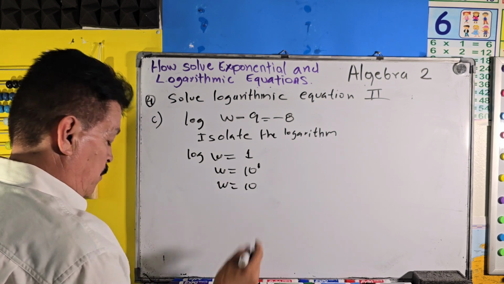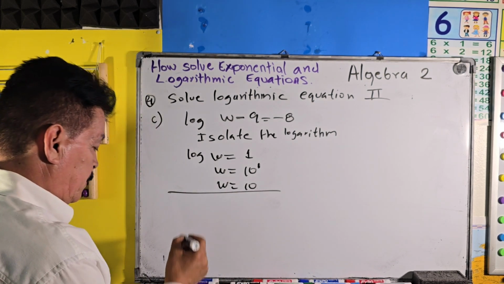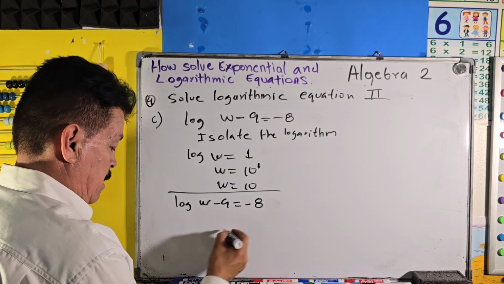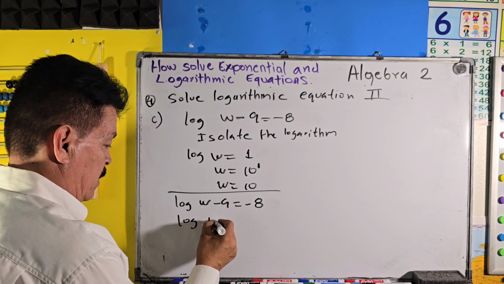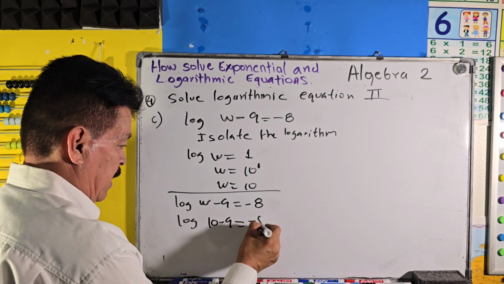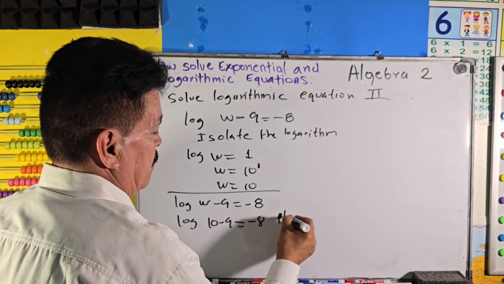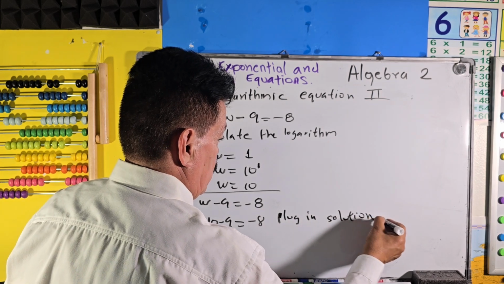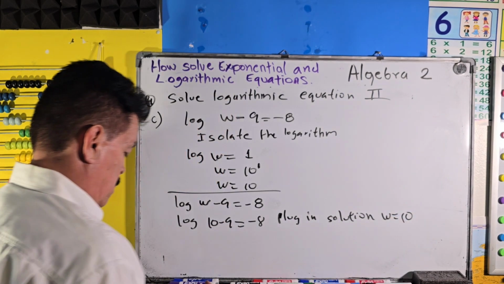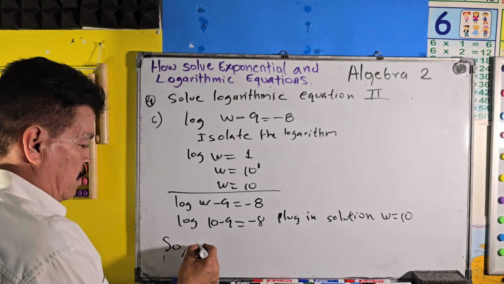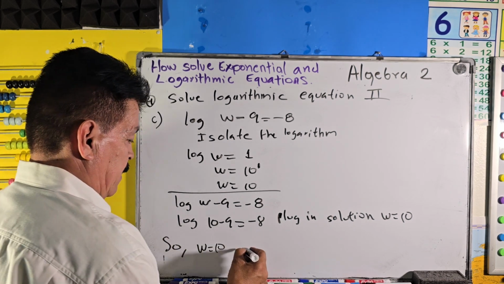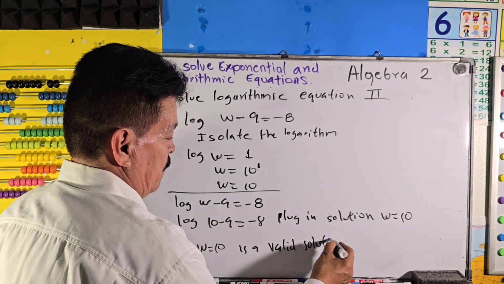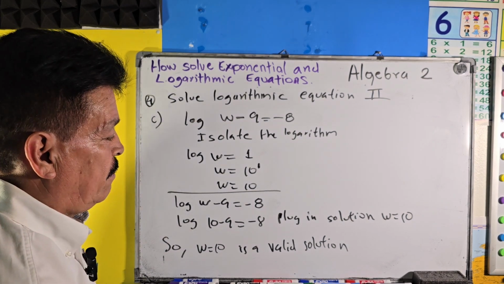So w equals 10. Check: log w minus 9 equals negative 8, so log of 10 minus 9 equals negative 8. Plug it in the solution: w equals 10 is a valid solution, right? So that's it.